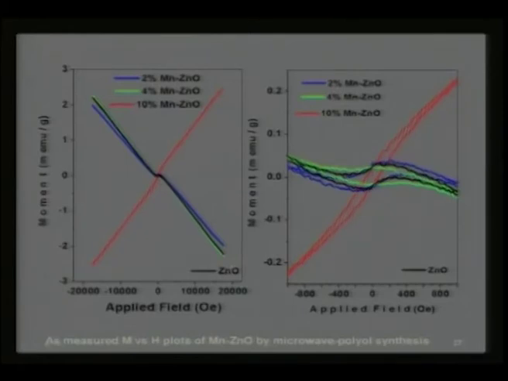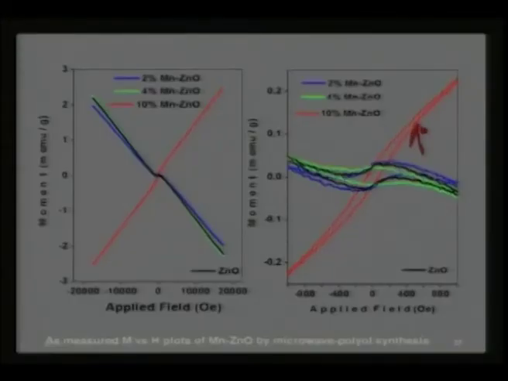So if you look at the magnetic property, you can clearly say that even though I have a clear evidence for manganese substitution in zinc oxide, the magnetic property is not convincing, because when there is manganese interaction and a broad zinc oxide spectra, the magnetic feature is nearly in comparison.